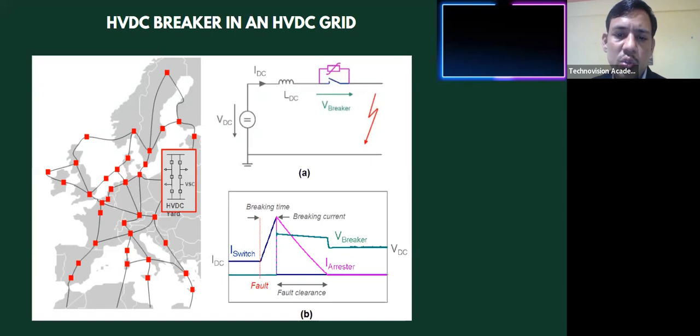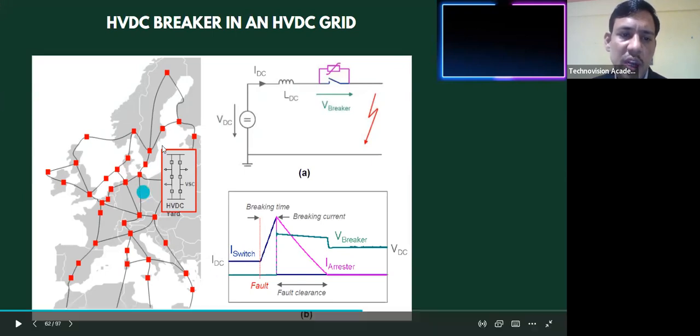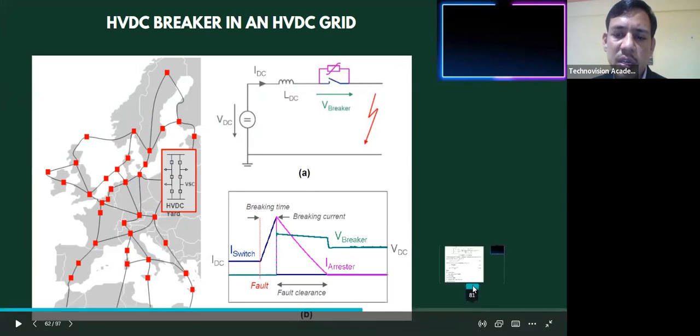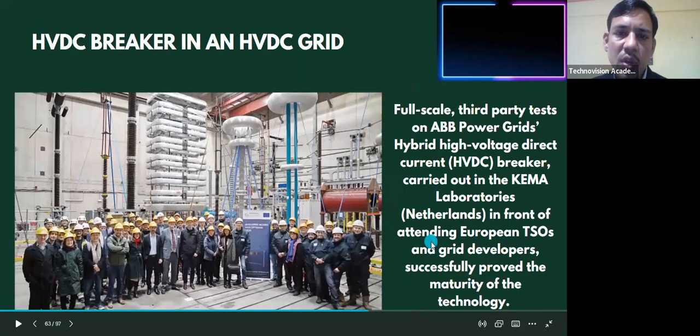So by using the DC breakers we can form the DC grid. The first HVDC breaker was successfully tested. It was a third-party test on the ABB Power Grids hybrid high voltage DC breaker at KEMA laboratory, Netherlands. They have tested, and now that is used also in one of the projects.